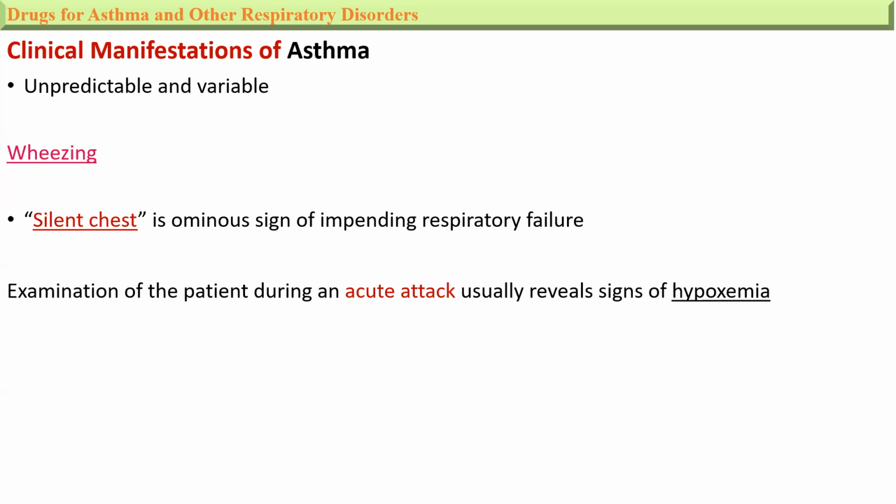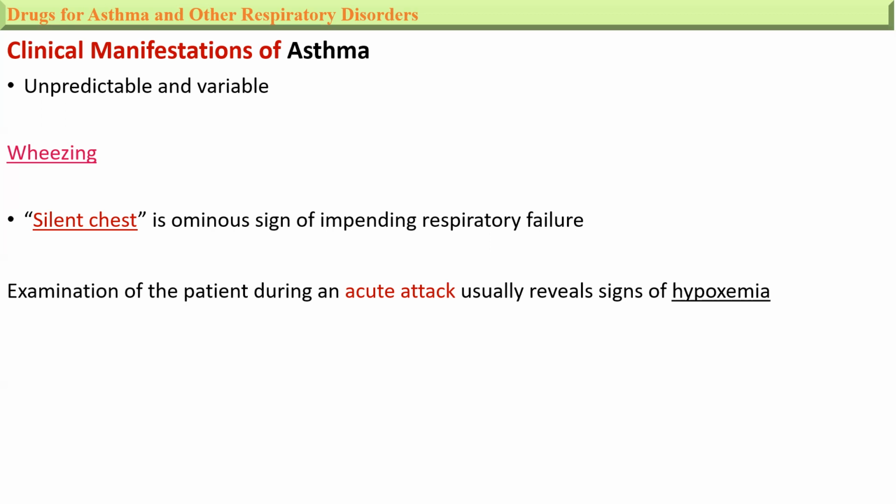So let's first talk about the difficulty with air movement that can create a feeling of suffocation. Patients feel at some point, because of severe chest tightness and shortness of breath, as if they are suffocating. The patient may feel increasingly anxious because of that, so the anxiety level will be heightened.